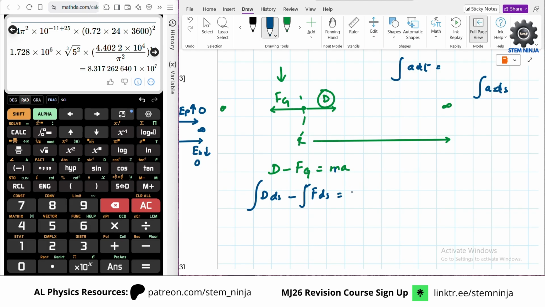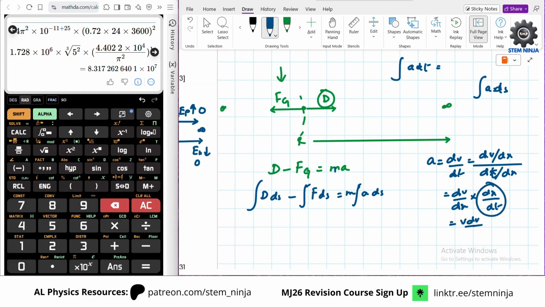So when we integrate acceleration with respect to displacement, remember a is basically dv over dt, but if you use the chain rule, dv over dx times dx over dt, and dx over dt is v itself, so this is v dv over dx.